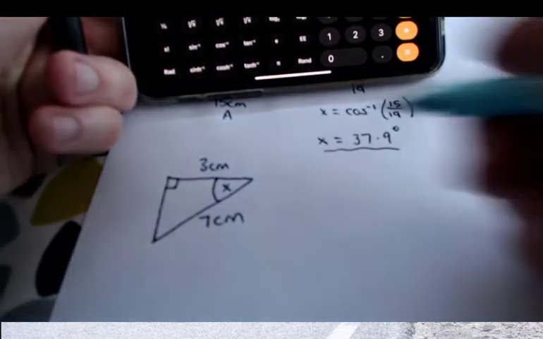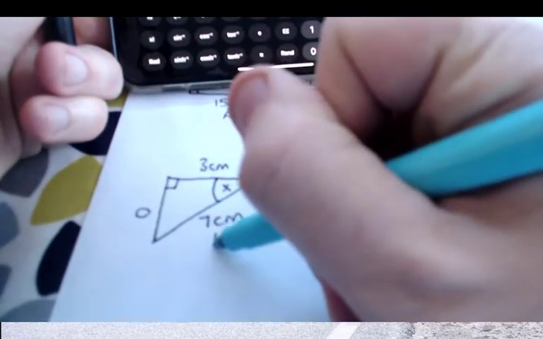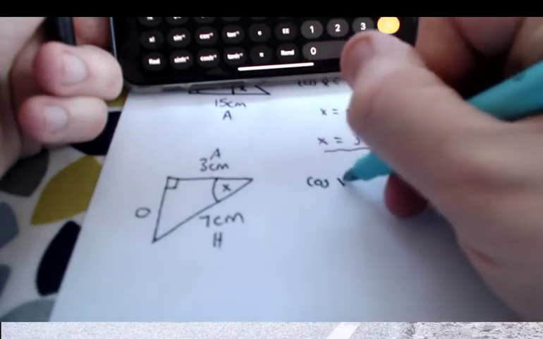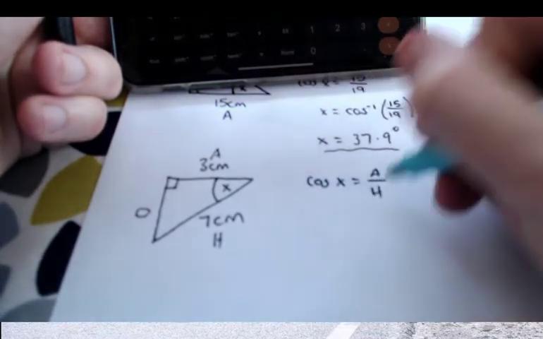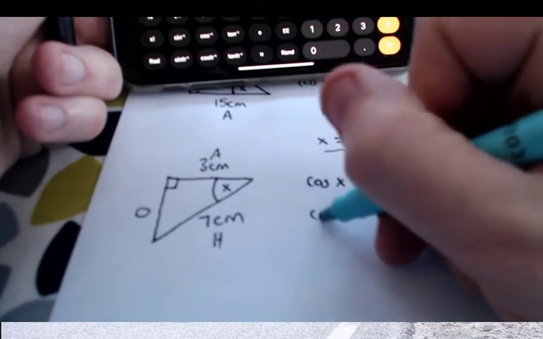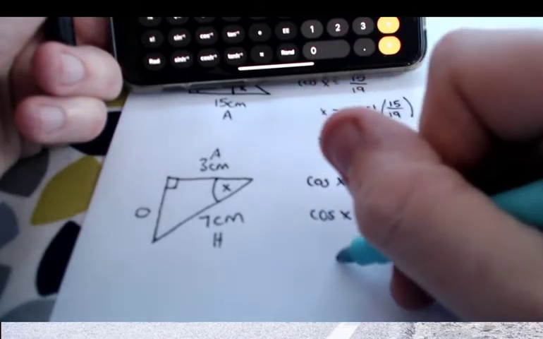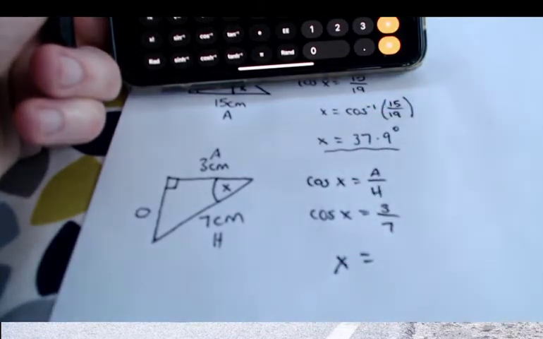Second one, same again. I start by doing opposite, hypotenuse, adjacent, and then write down my rule. Cos x is a over h. I then fill in the numbers. Cos x equals 3 over 7, and then I'm going to work out what x equals.